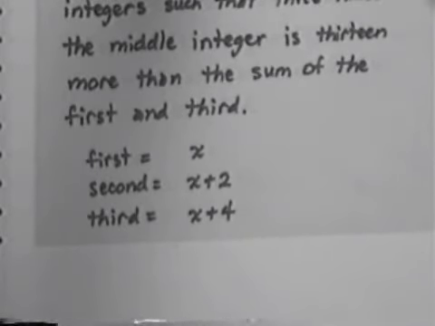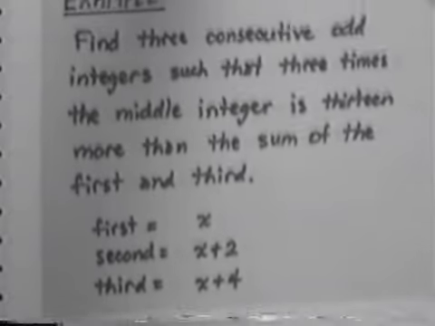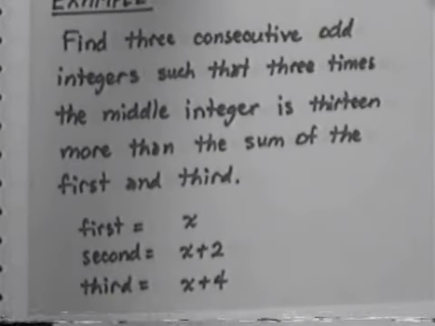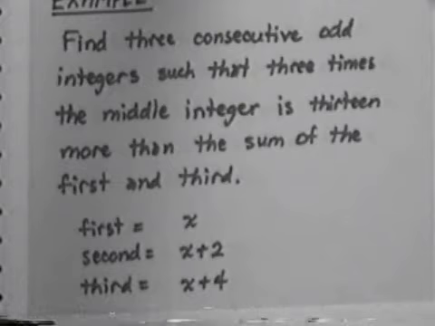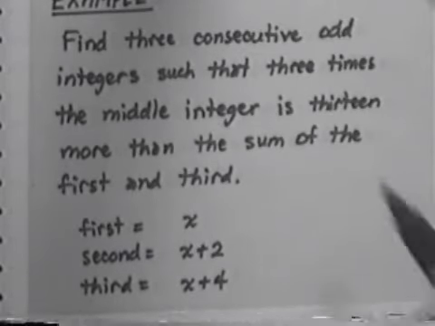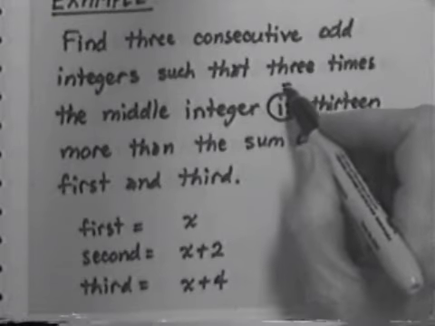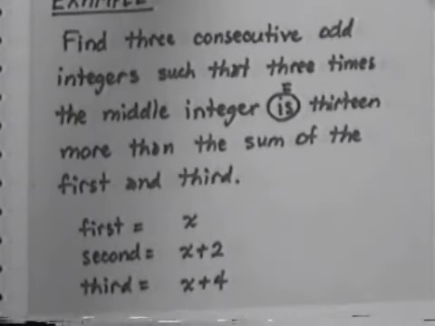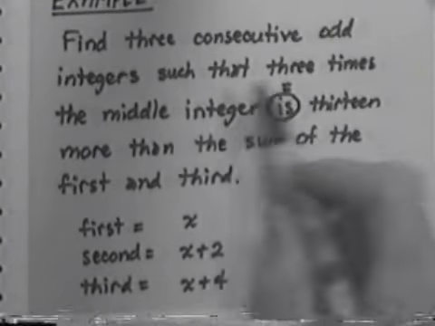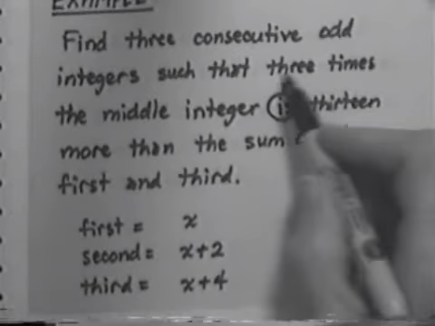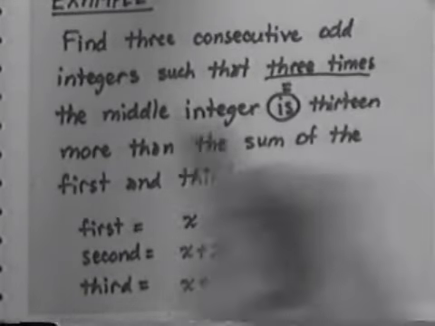Now we'll go back to the words and see how this all fits together. Locate the word is for the equals. Here it is. Is the equals. Before is, we have 3 times the middle integer.